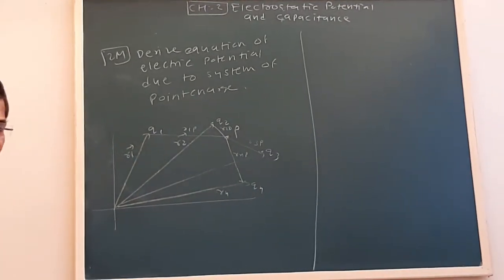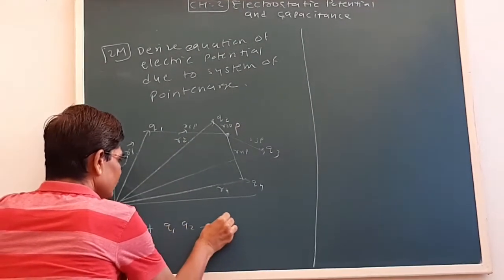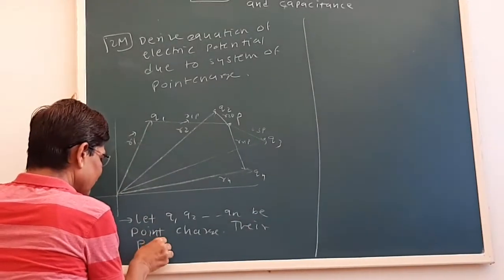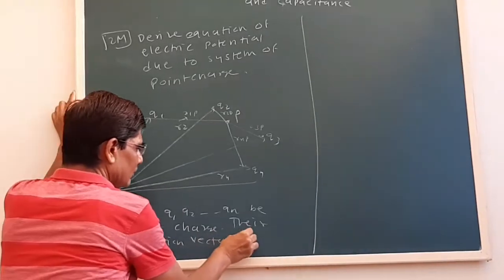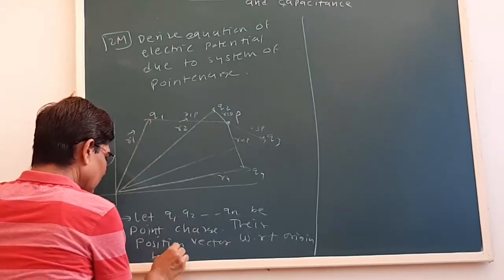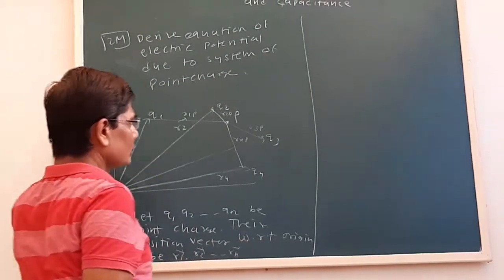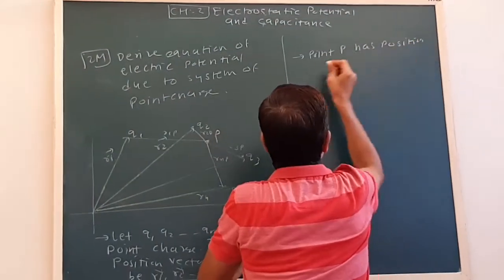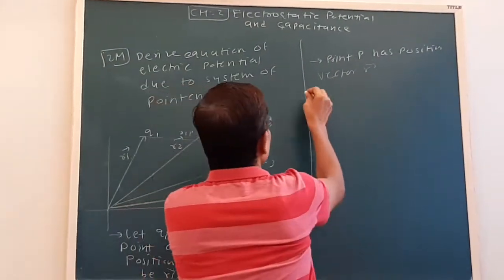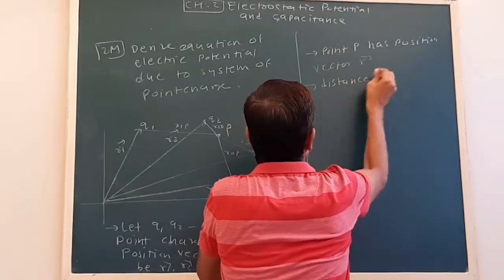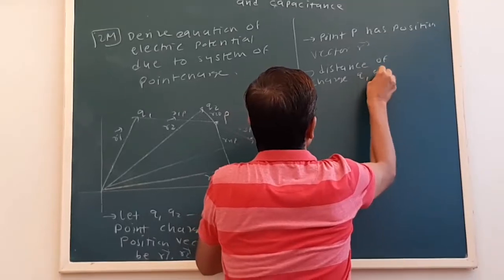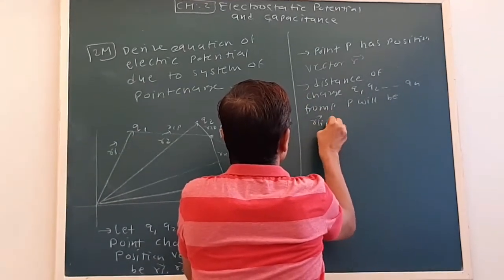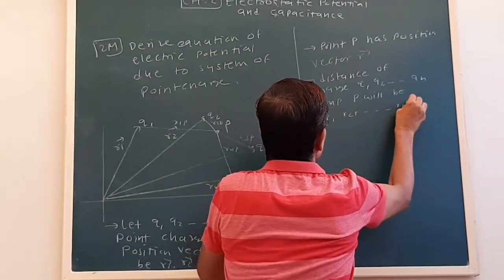Now we know the potential is a scalar quantity. So we can write: let Q1, Q2, Qn be point charges, their position vectors with respect to the origin be R1, R2, Rn, and point P have position vector R. The distances of charges Q1, Q2, Qn from P will be R1P, R2P, RnP respectively.